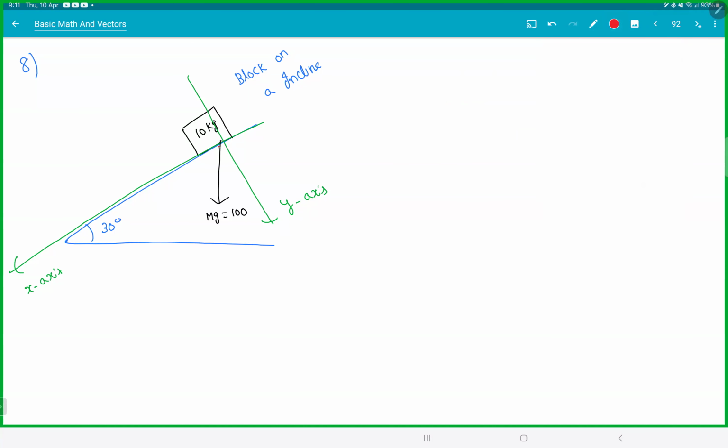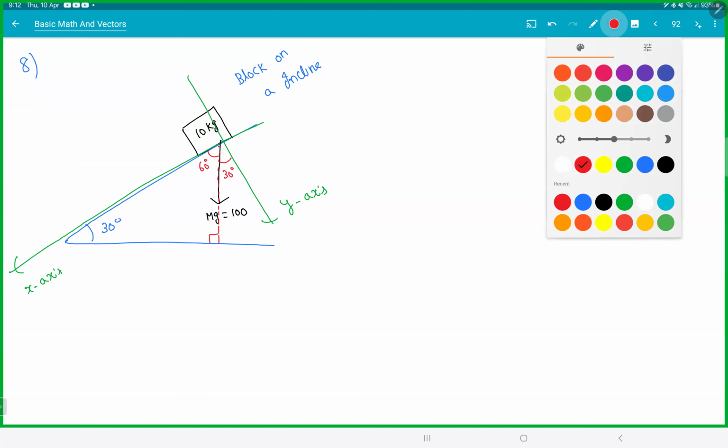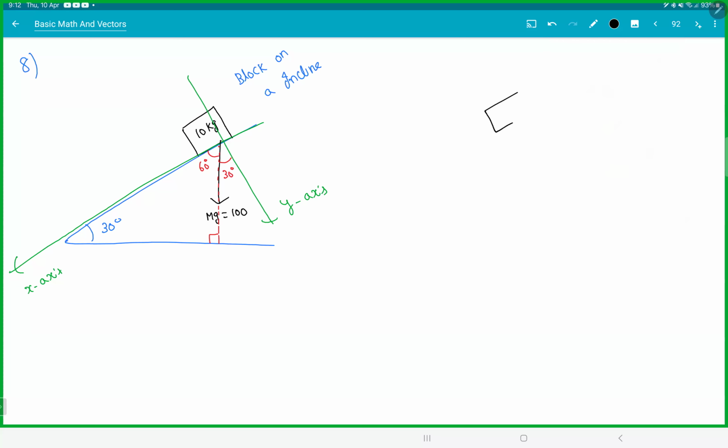Look at this. If I drop the weight vector straight down, isn't this 90 degrees? If that is 90 and this is 30, how much is this? This is 60. This is 30. Agreed? Now look at the diagram again.